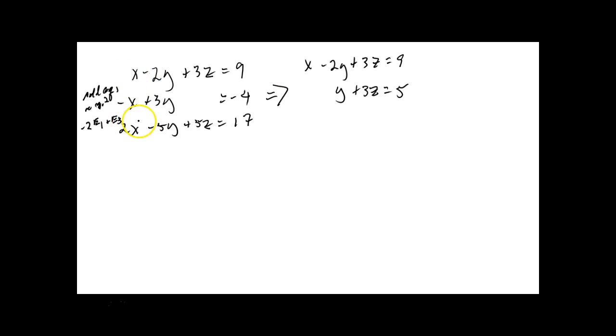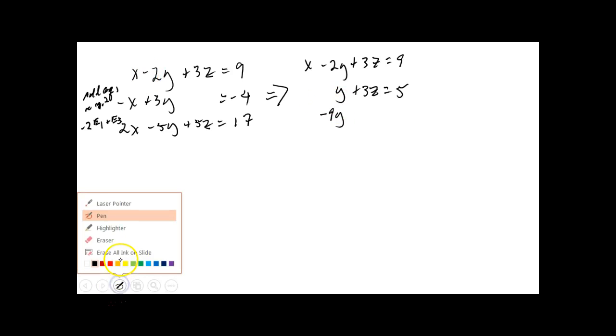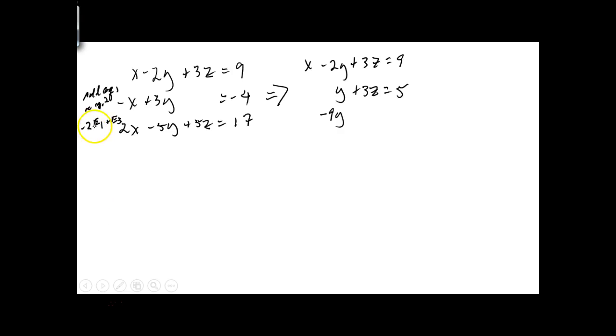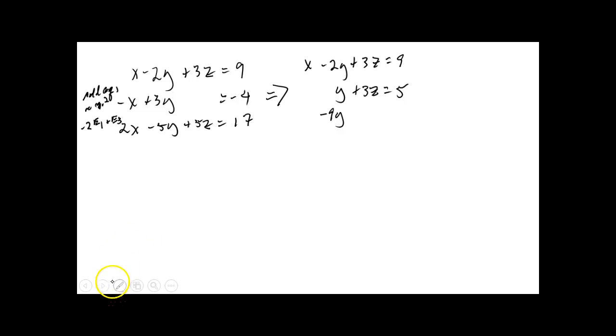So let's do that over here. Minus 2 times x plus 2x is 0. Minus 2 times minus 2y would be 4y. Minus 4y minus 5y would be minus 9y. No. Minus 2 times minus 2 is plus 4y. You're multiplying minus 2 times equation 1. My eraser's not working.